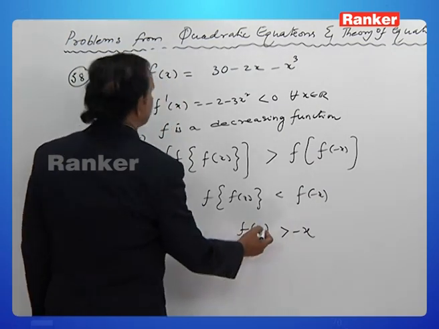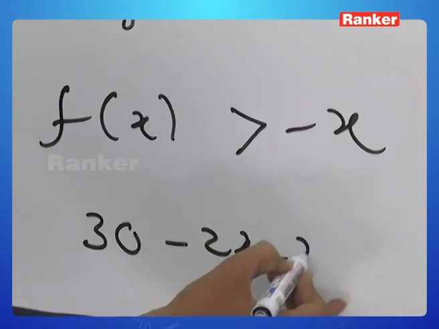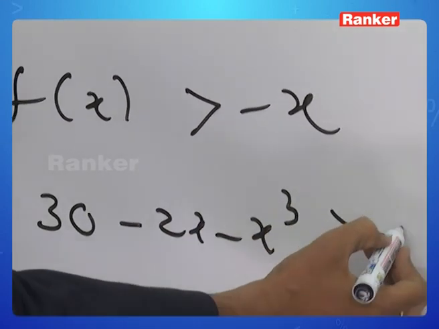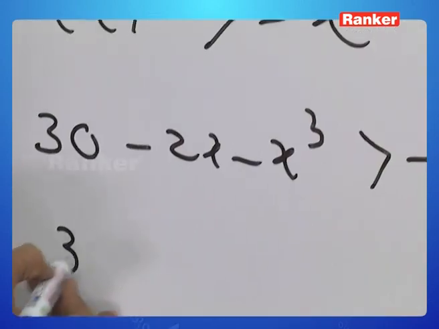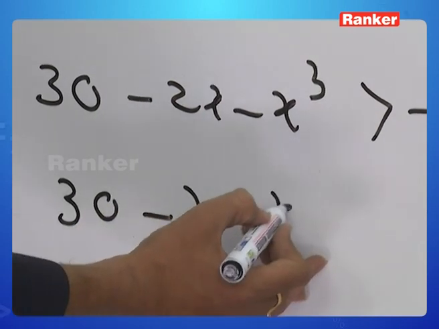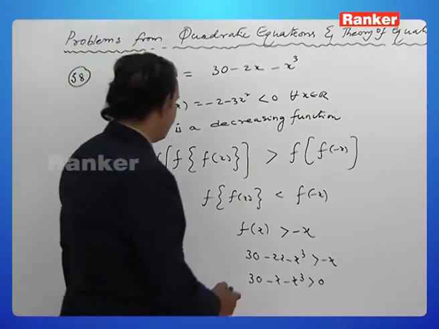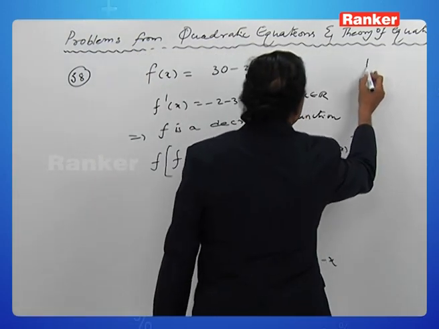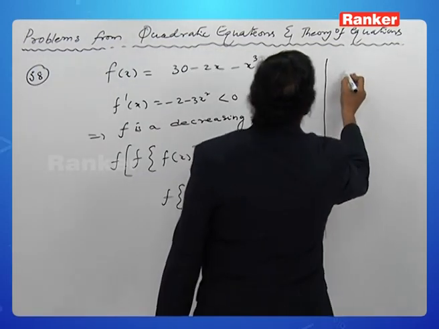What is f of x? 30 minus 2x minus x cube greater than minus x. Bring it here. 30 minus 2x plus x minus x cube greater than 0. Multiply that entirely with the minus sign.